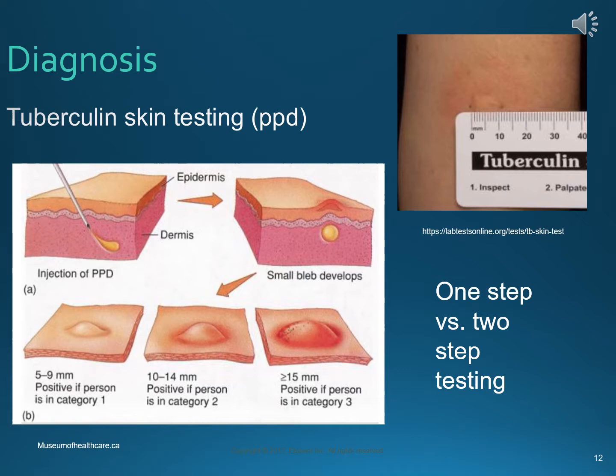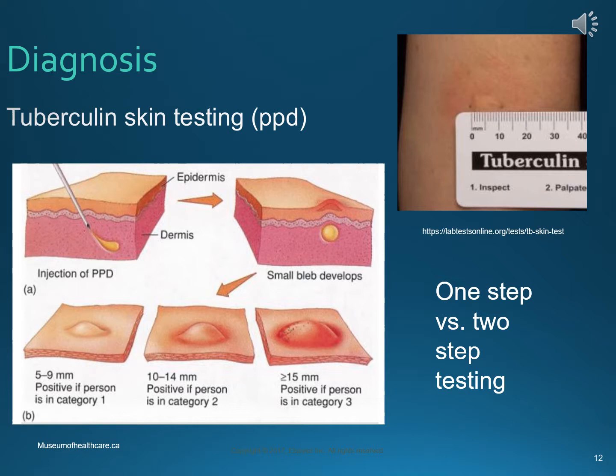So the picture up at the top is what a positive might look like. You're measuring the bleb there, the wheal. You also can measure the redness around it. You can see in the little diagram, you put the needle in and make a small bleb with the infusion of the serum.